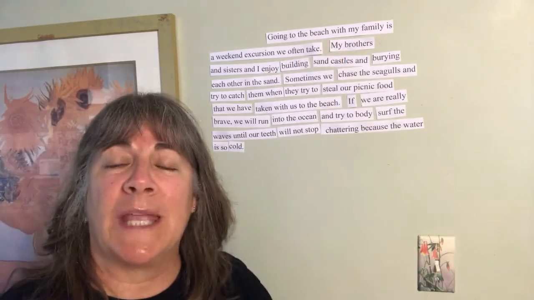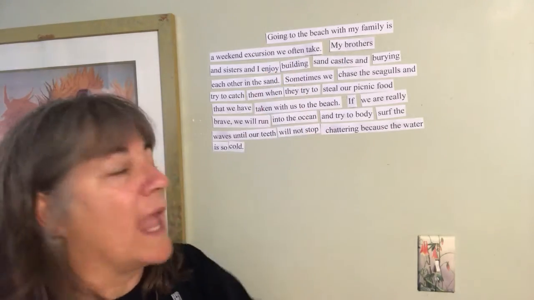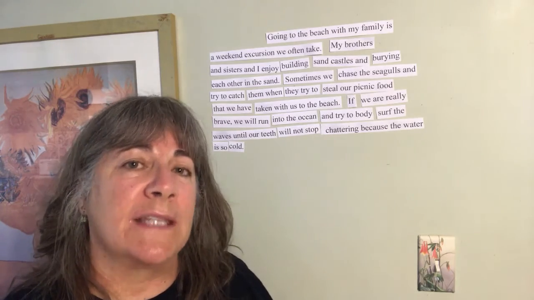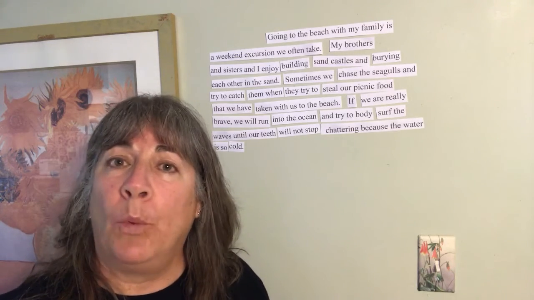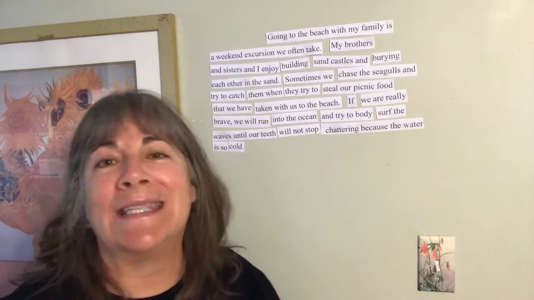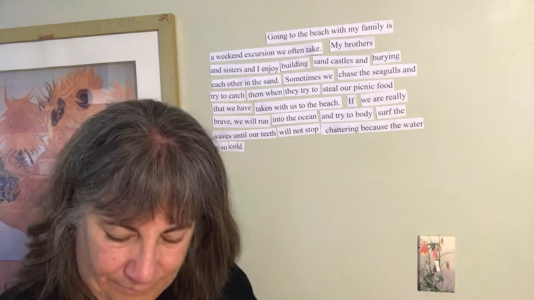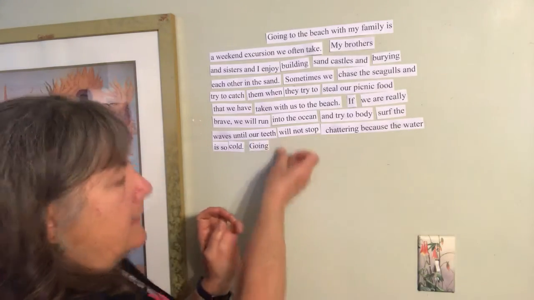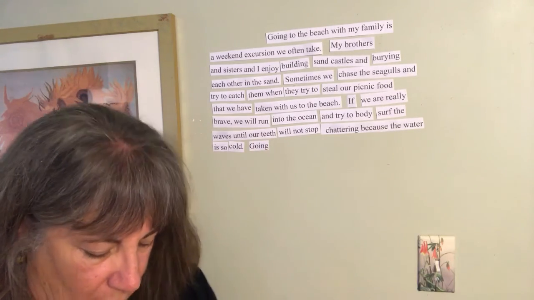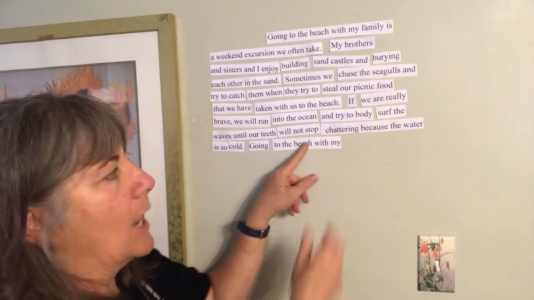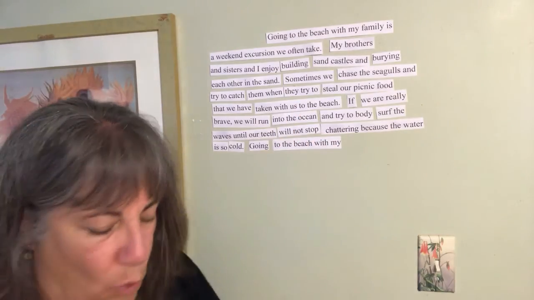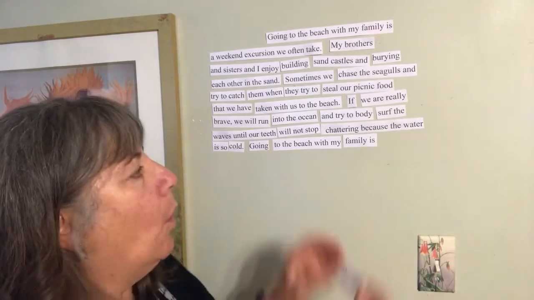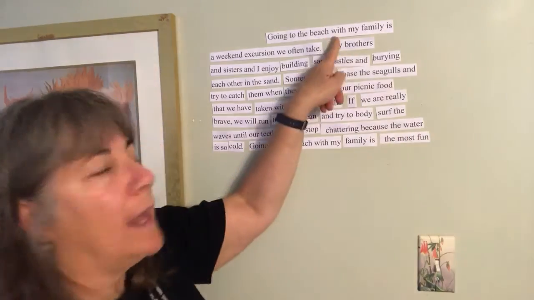Topic sentence about the beach and the family. So far, we have 3 supporting sentences that very much align with the topic. And now we're going to wrap it up with our closing sentence. This is our hamburger bun on the bottom. So here we go. Now remember, this sentence is going to reiterate or kind of copy what we already talked about up here.